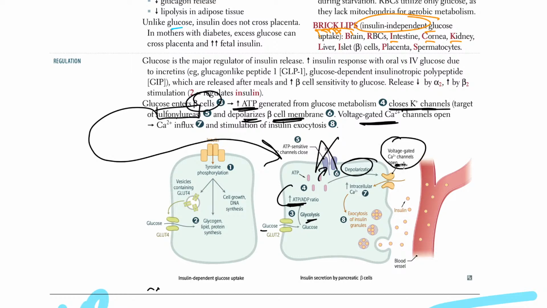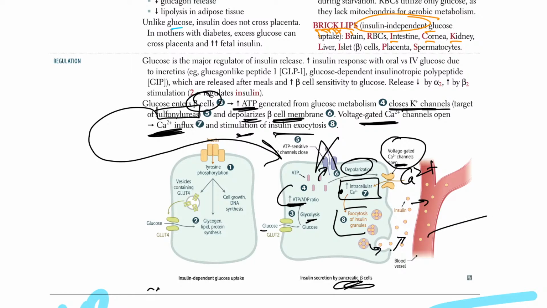Now, the calcium is going to come inside the pancreatic beta cells, and once we have calcium influx, there's going to be stimulation of insulin exocytosis. That increased intracellular calcium is going to cause what? Exocytosis of insulin granules. And you can see how they are just going out of these pancreatic beta cells. They go into the bloodstream and cause their action.